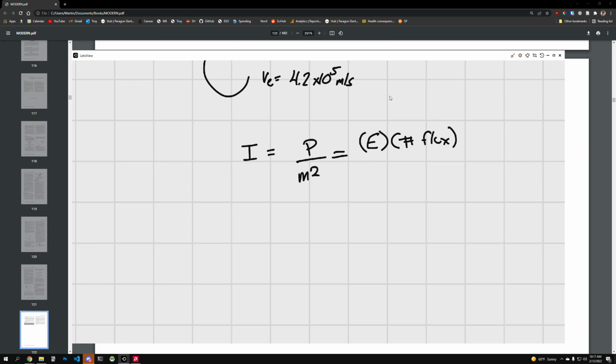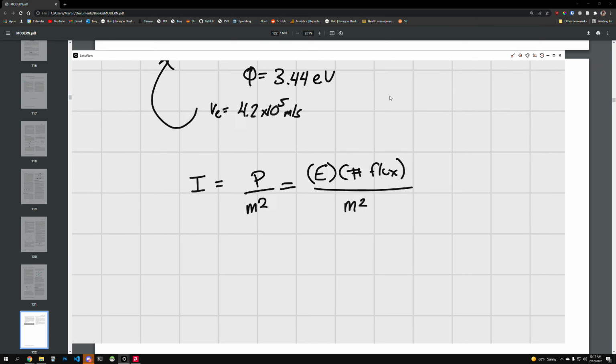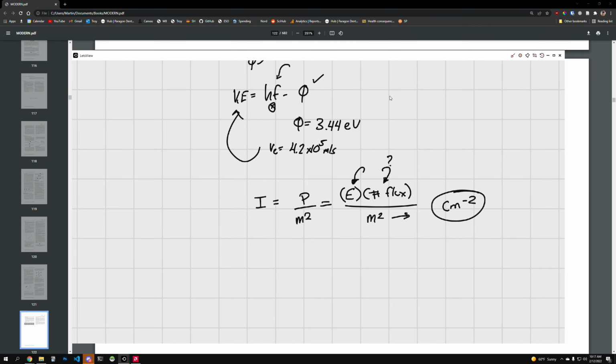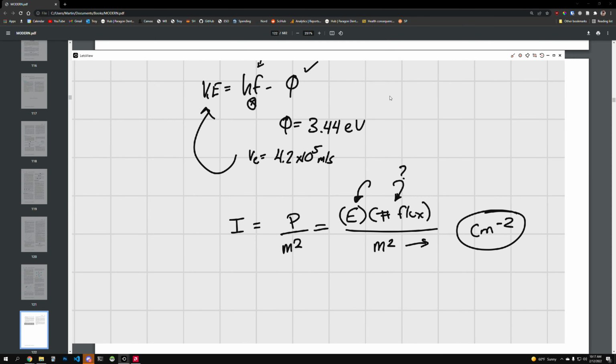Okay, so essentially, if we can get the energy per photon, then we can solve for the number flux, that's what it's asking, and then convert it to centimeters, right? So per centimeter squared.